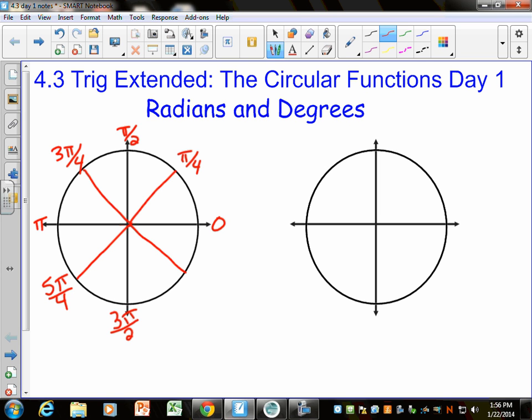And if this is 5 pi fourths, is 3 pi halves the same as 6 pi fourths? Reduce it, so what would this be? 7 pi fourths. And what would 1 more fourth make? And what is 8 pi fourths the same as? 2 pi. So if you break this into fourths, it's the same as breaking it into increments of 45 degrees.